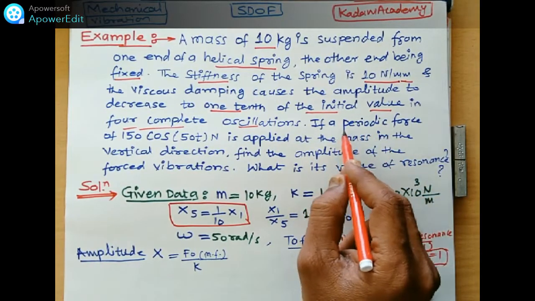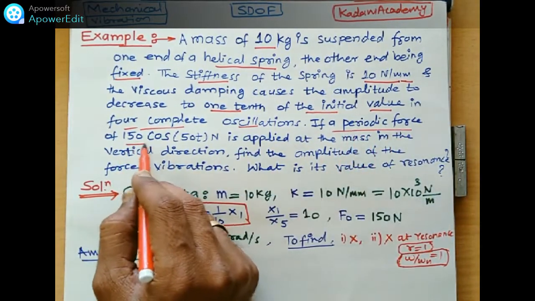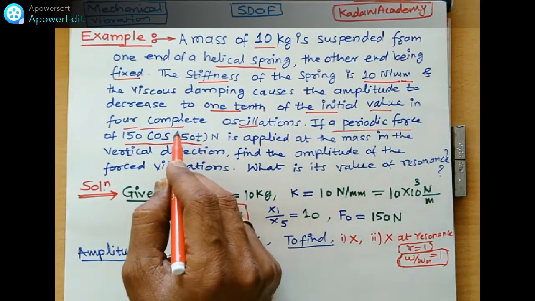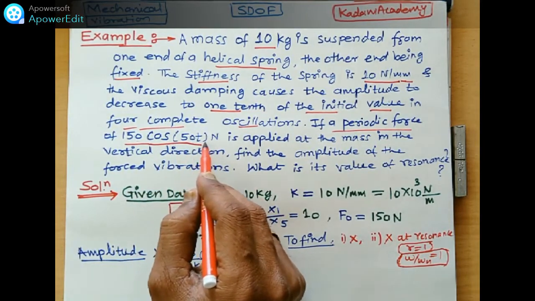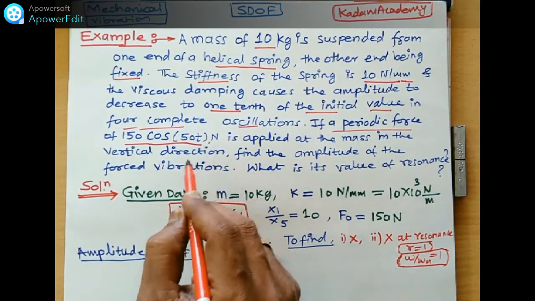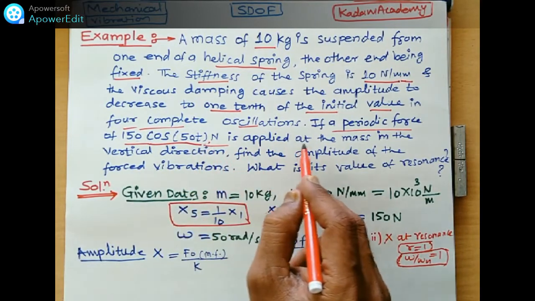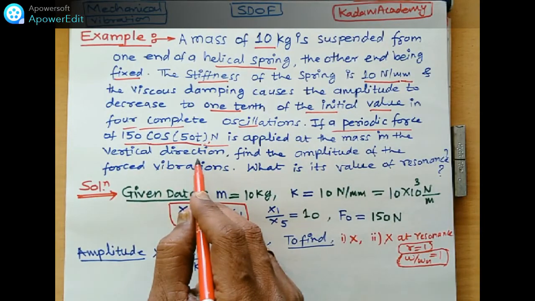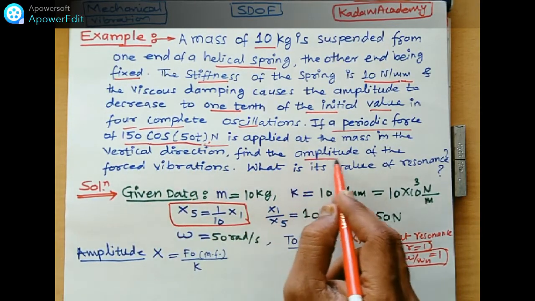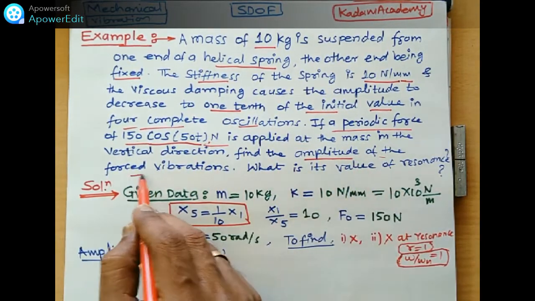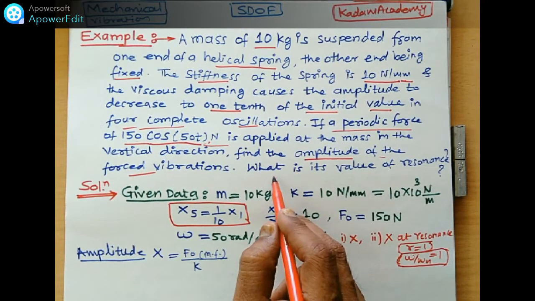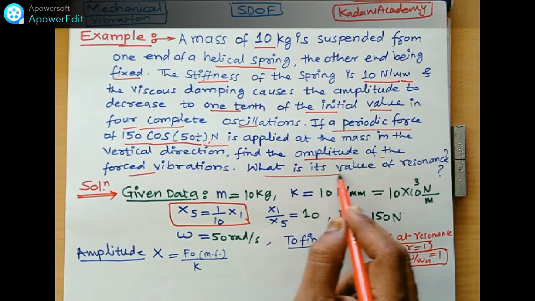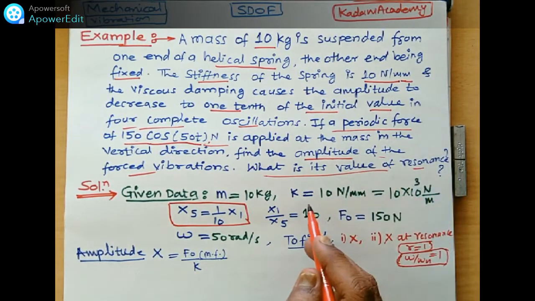If a periodic force 150 cos(50t) Newton is applied to the mass in the vertical direction, find the amplitude of the forced vibration, and also find the amplitude of forced vibration at resonance.